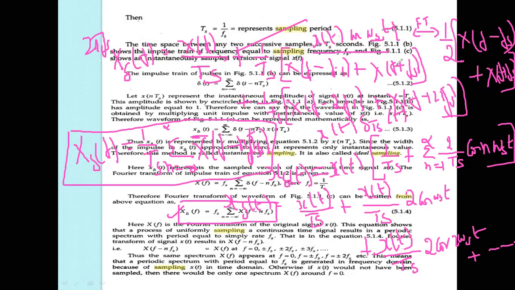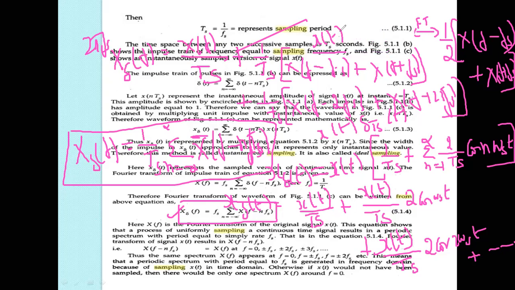Once again, in tomorrow's class, I will explain this total proof using the trigonometric Fourier series, and then you can apply the Fourier transformation. How we get x delta of f is equal to fs, sum of n is equal to minus infinity to infinity, X of f minus n into fs. I will explain on the whiteboard tomorrow also. Don't worry if you did not understand today's class.